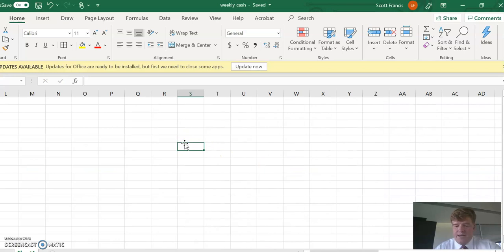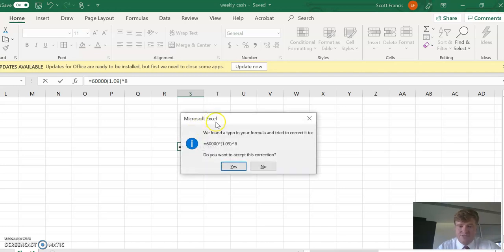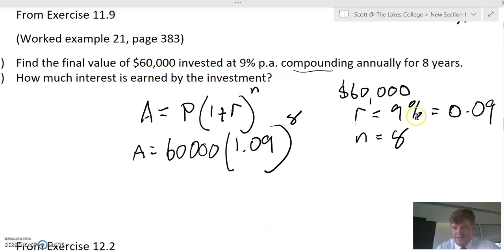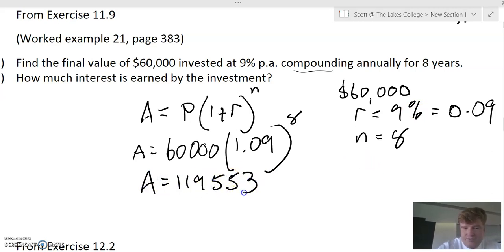We're going to do $60,000 multiplied by 1.09 raised to the 8th, and it gives us a figure of $119,553. Amount equals 119,553, and that looks about right.